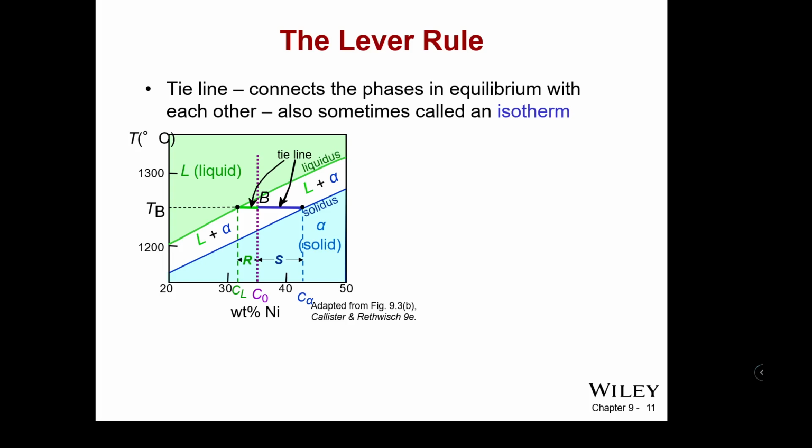There's a lot more to that, but we need to at least cover some of those key parameters here. And this is another one that is critical to understand, the lever rule. The tie lines connect these phases in equilibrium with each other, and they sometimes are called an isotherm.